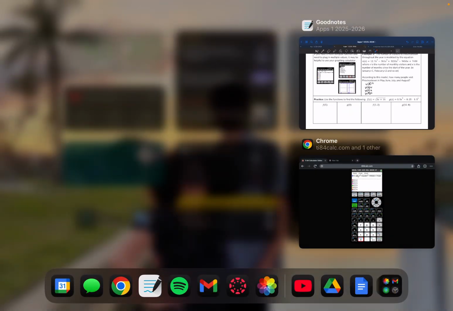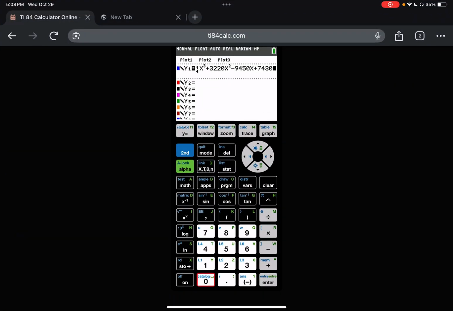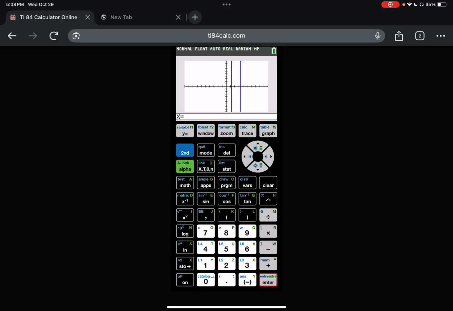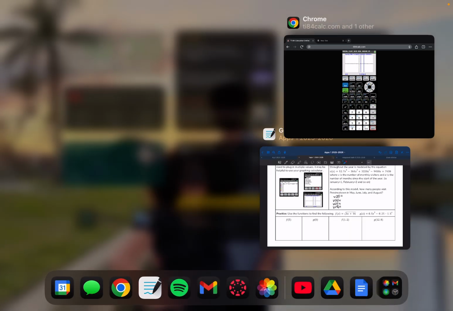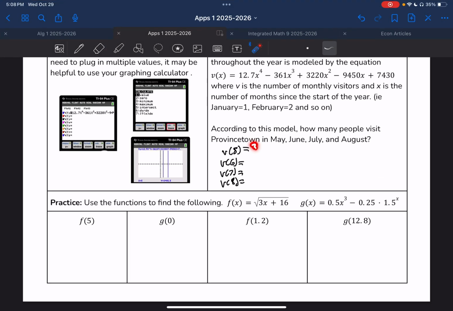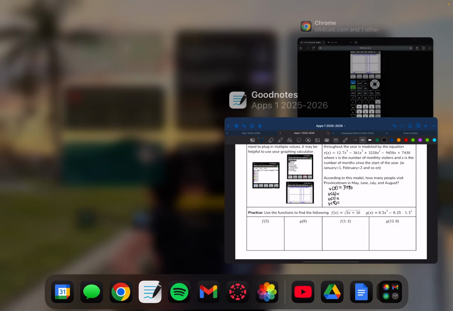Okay, the benefit of typing in the whole function is that when we want to find specific values of it, we can go second trace value, and then just type in the value we want. If we care about May, we'll type in 5, and that brings us to 3,490. If we care about June, we do that again and type in 6 instead. That's 5,130.